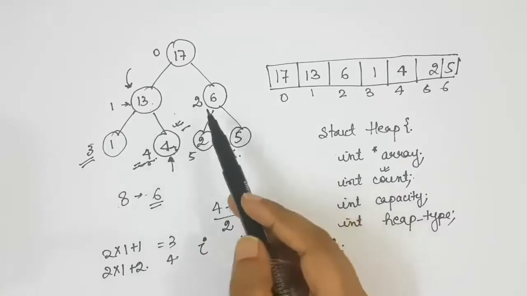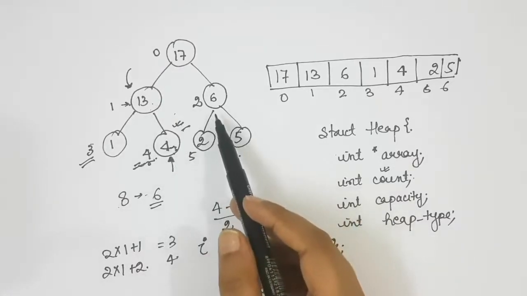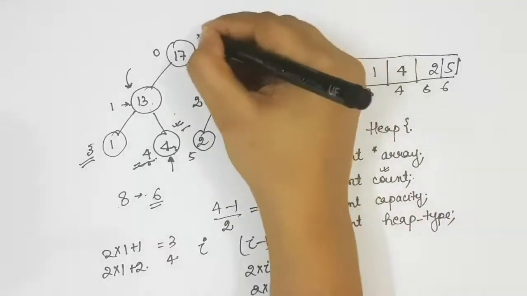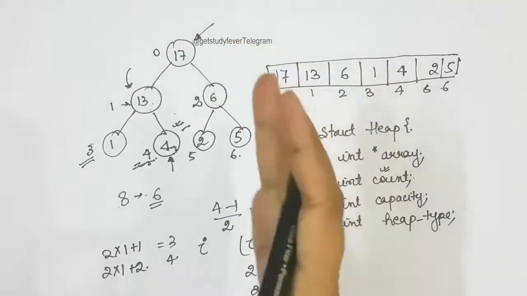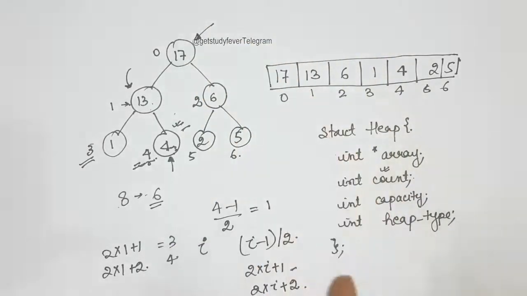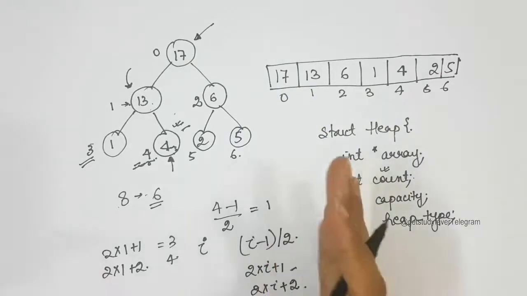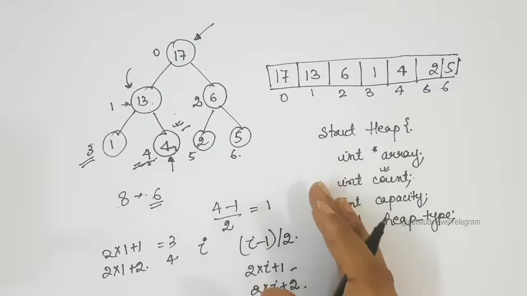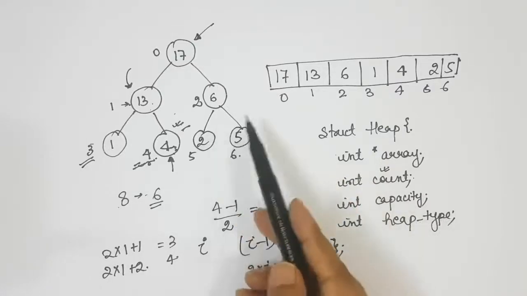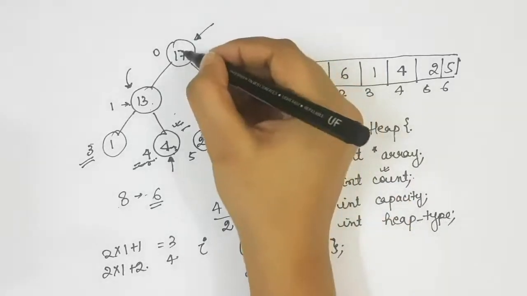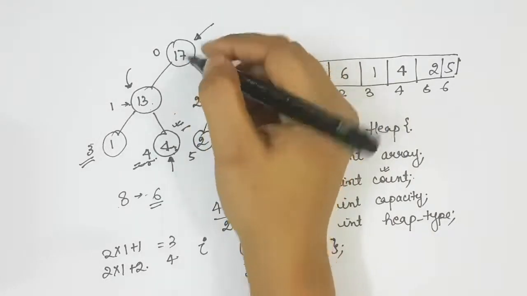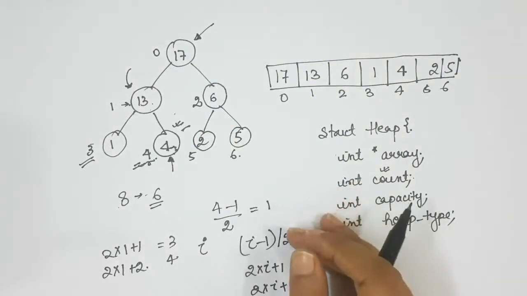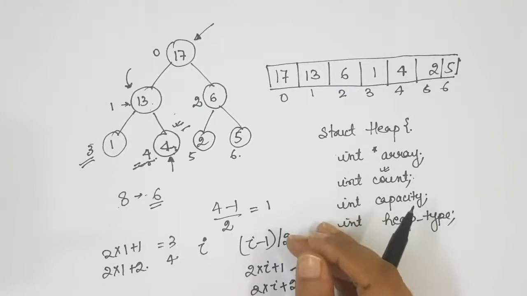Now, how do I find the maximum element? We know that the maximum element will always be at the top in a max heap. Let's consider that we will be talking about max heap throughout the session. Min heap will have similar operations, it's just that the minimum element will be at the top of the heap. Whether we implement a min heap or a max heap depends on the problem statement.